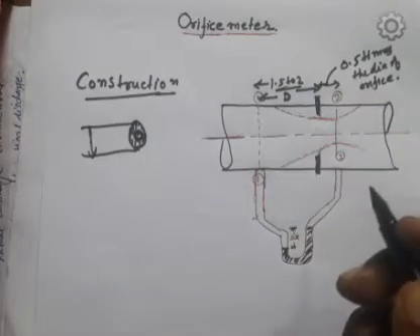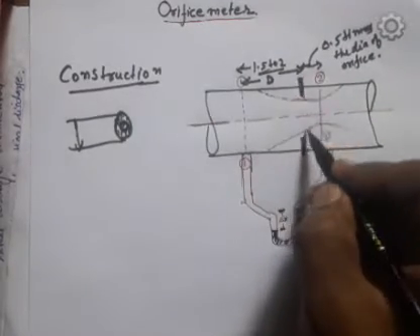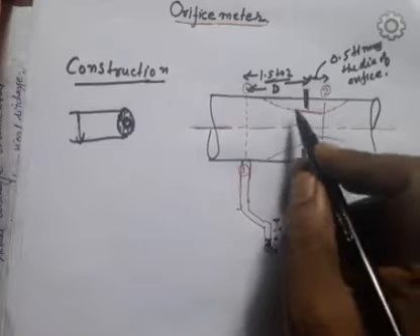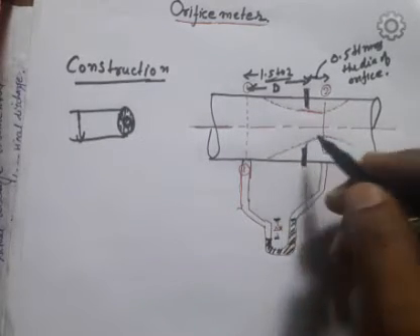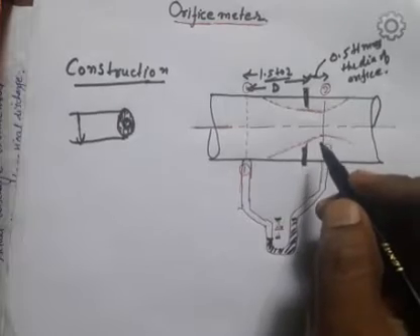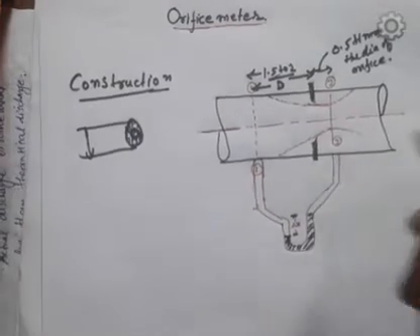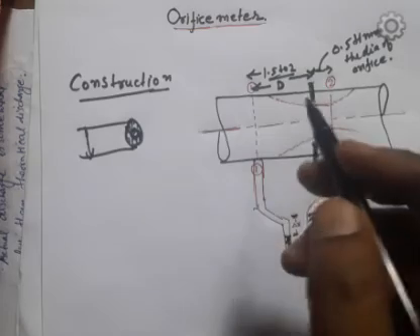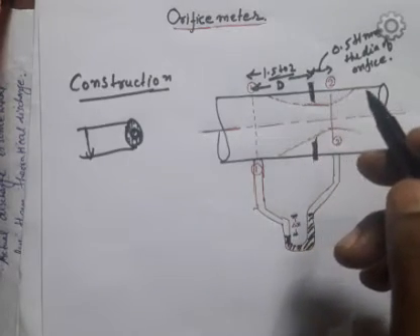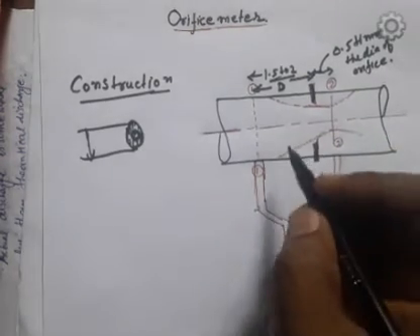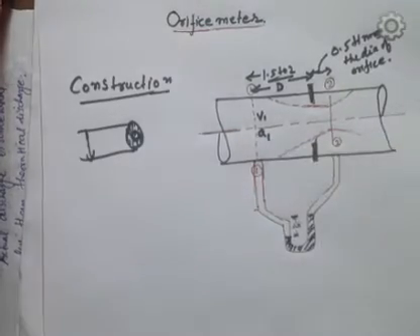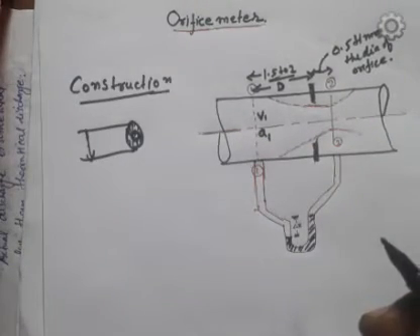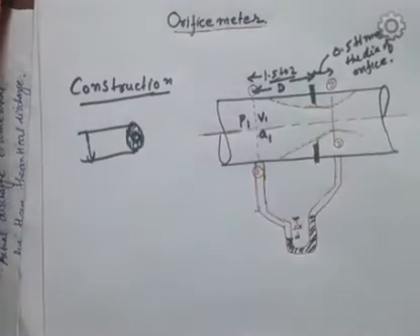So the diameter of orifice is generally kept half the diameter of pipe. Now consider the velocity at section 1 is V1, area of cross section is A1, and pressure is P1.